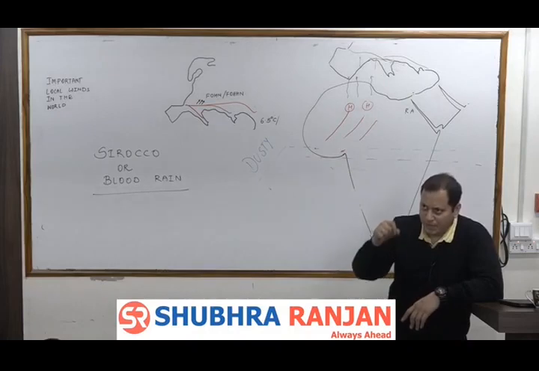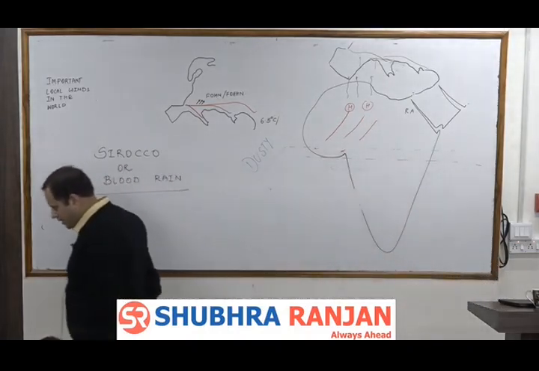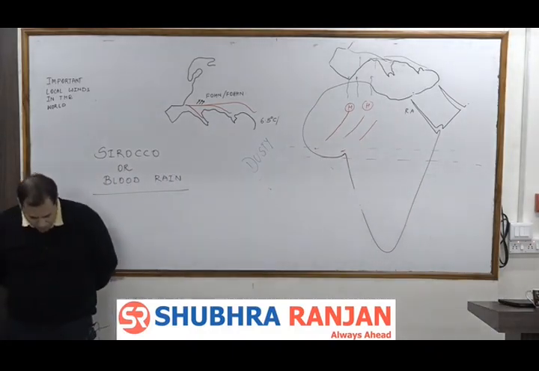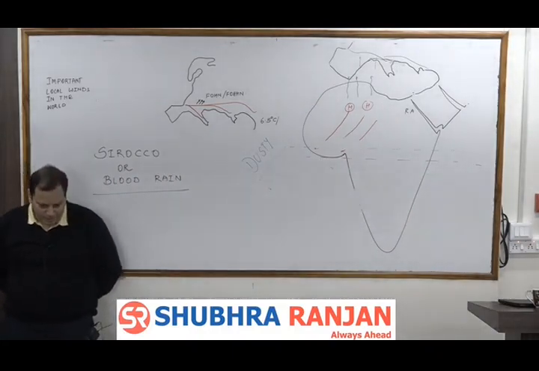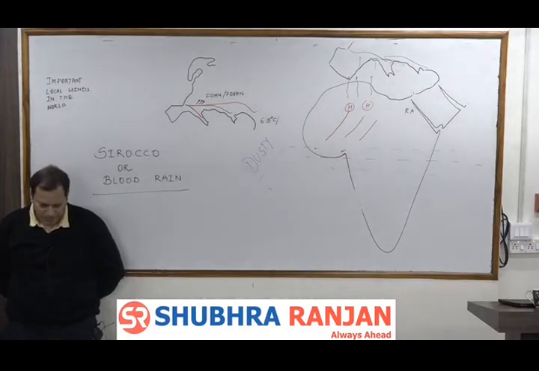Next point, while crossing over the Mediterranean Sea, these winds pick up moisture and give rainfall. Initially how did they originate? Dry. Then they have picked up moisture.